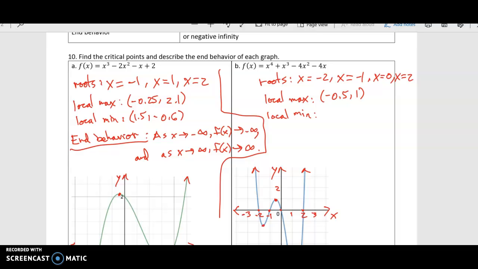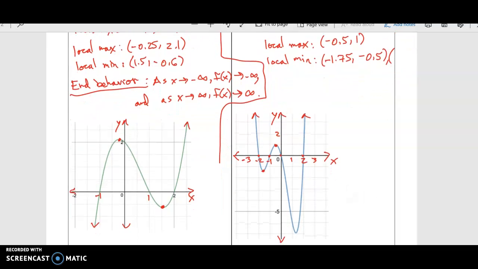There's one right here, okay. That one is -1.75, comma -0.5, and the other one is down here. That guy is 1.25, comma -7.